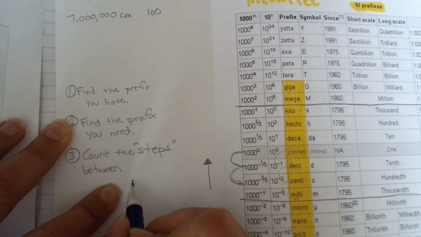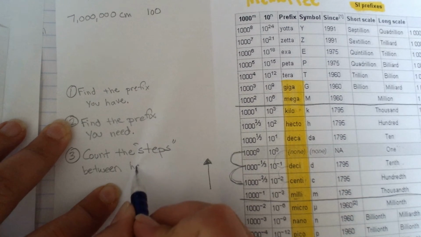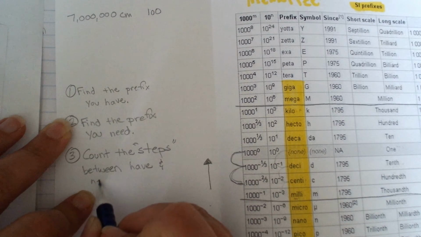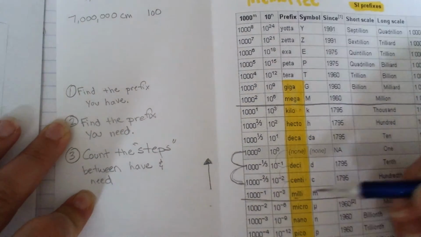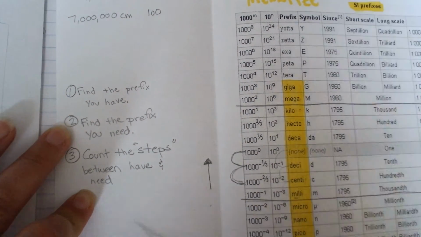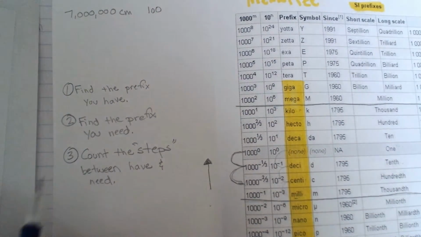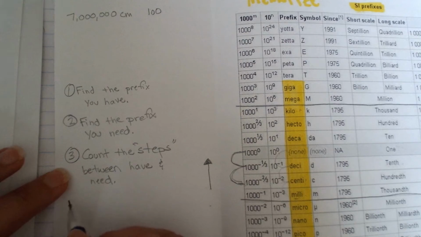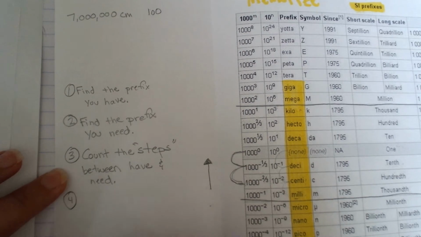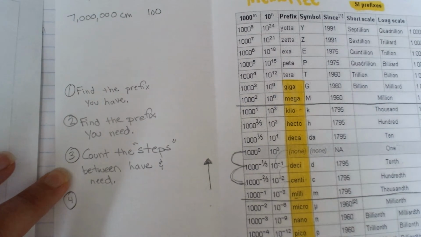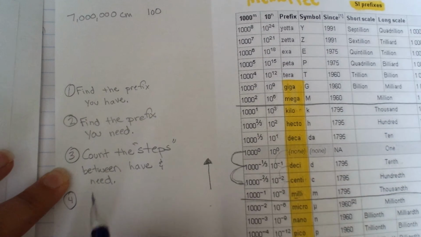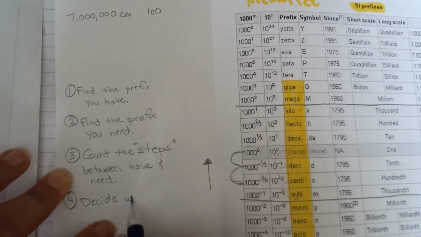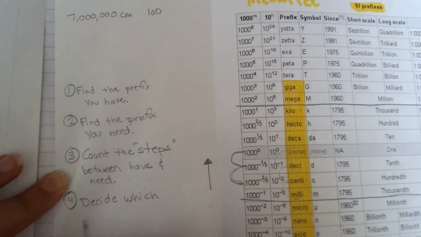So in our case, we had 1, 2, 3 steps. Then we're going to need to decide what to do with that. That's where we had this arrow from last time. We're going to decide which operation to do.